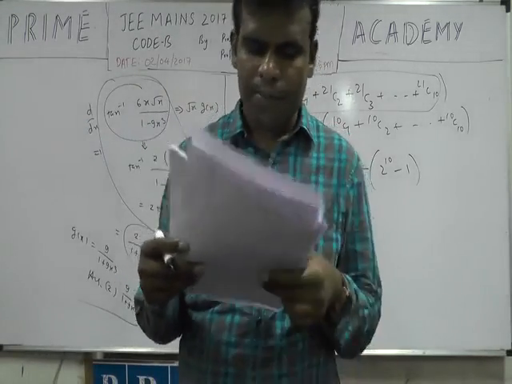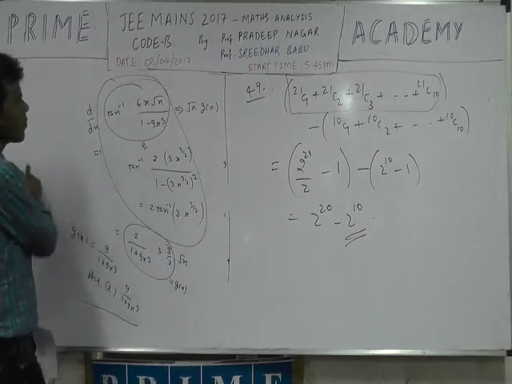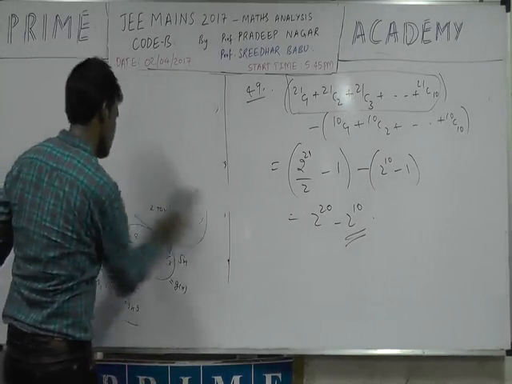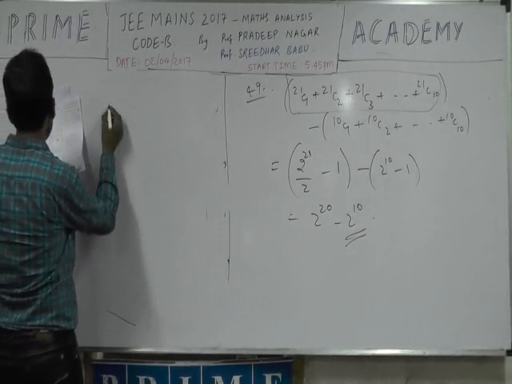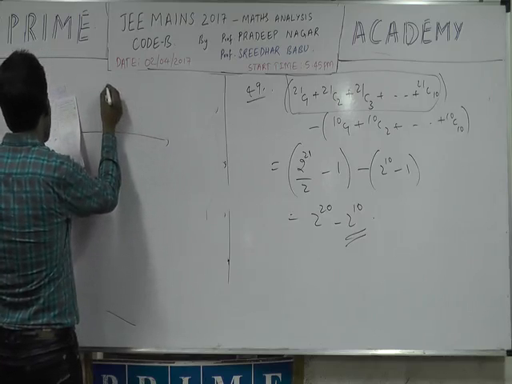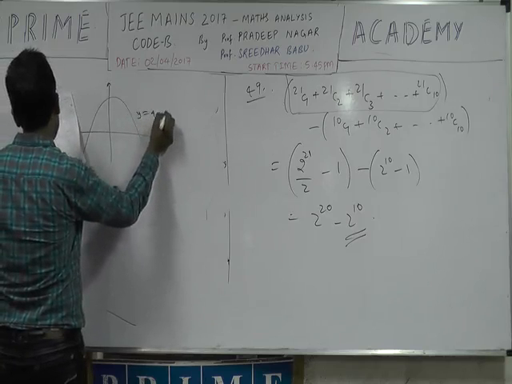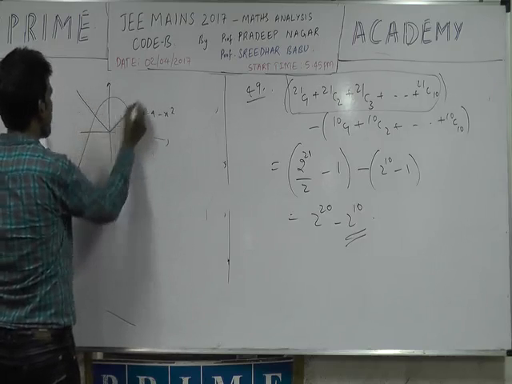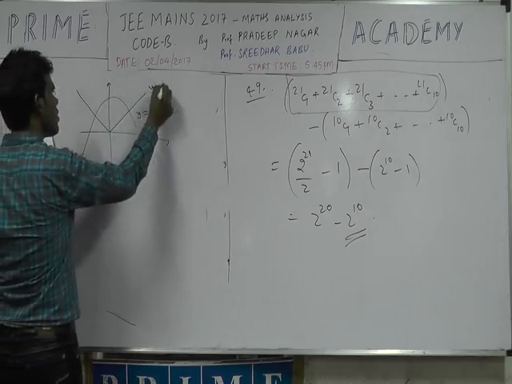Okay, next is a question where they are saying that a circle is touching the curves y equal to 4 minus x square and y equal to mod x.